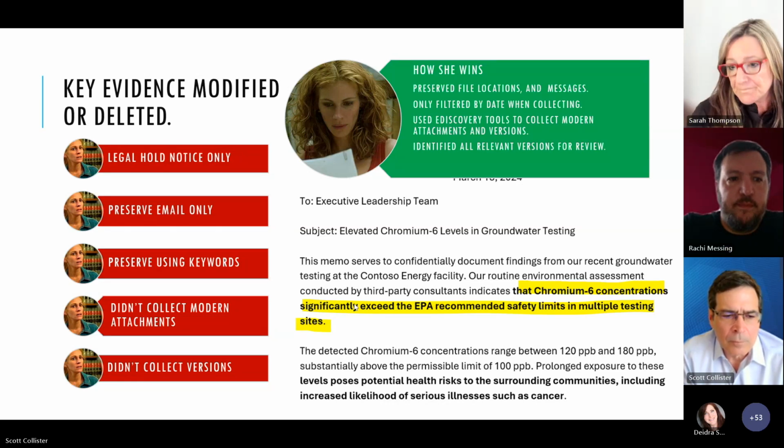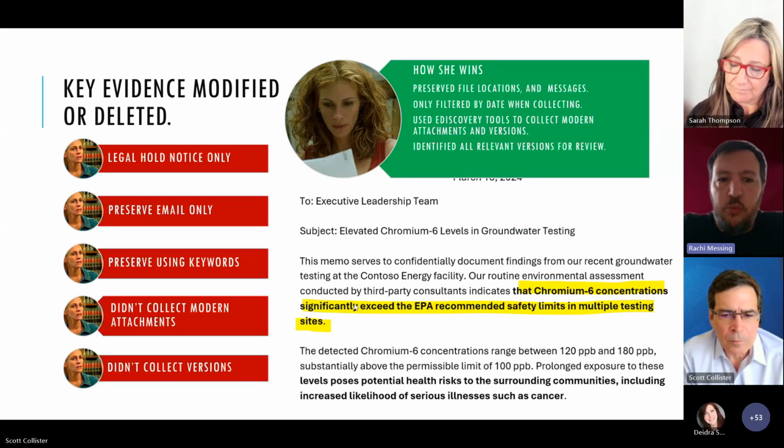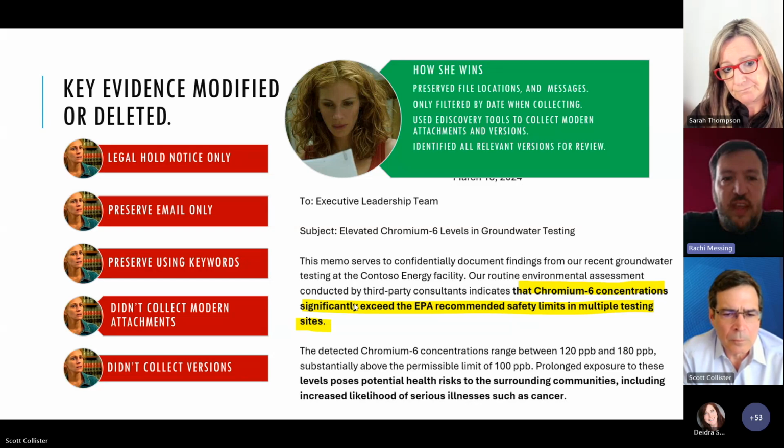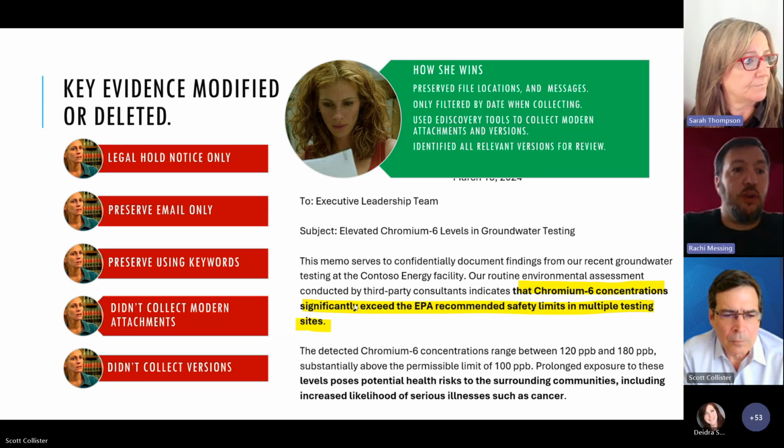Yep. Okay, so let's keep going. If she used keywords, as Sarah pointed out, there was no mention of EPA, there was no mention of Chromium 6, all kind of the standard keywords that they may have submitted and may have agreed upon. Chances are it would not have found it in the current version of the file, so that never would have gotten preserved and therefore never would have gotten collected and therefore never gotten reviewed.